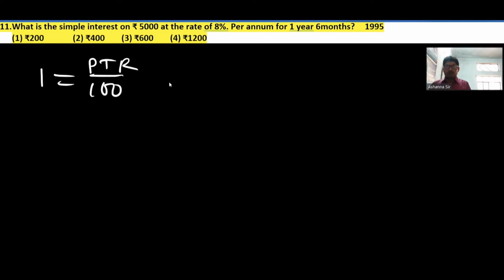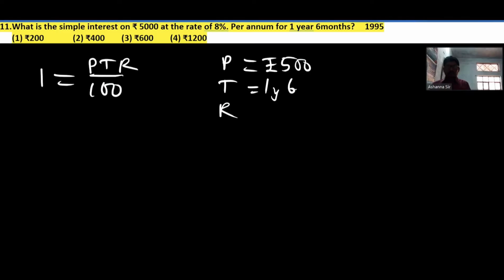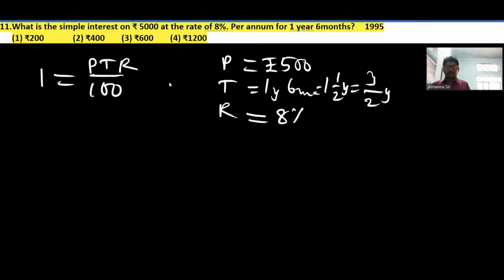Here principal 5,000 rupees, time 1 year 6 months. 1 year 6 months means 1.5 years. 1.5 years means 3 by 2. 3 by 2 years. Rate of interest 8%.